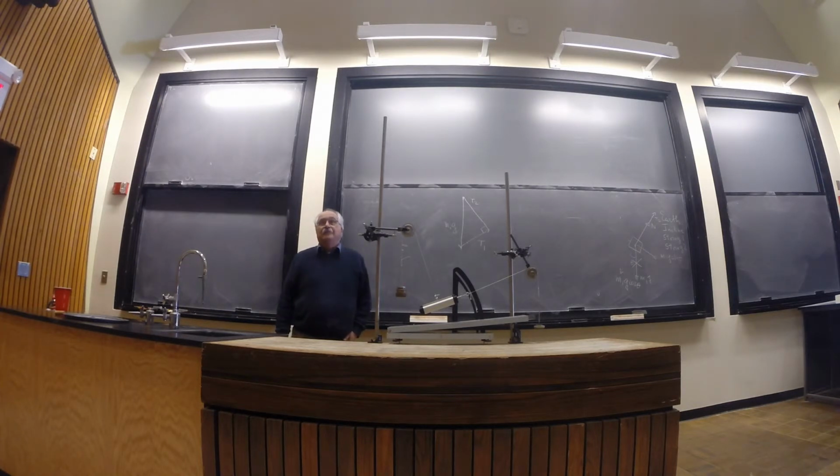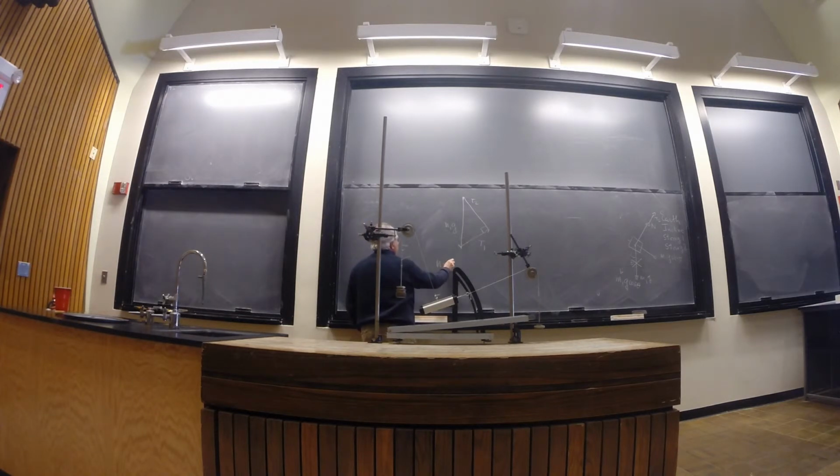A squared plus B squared. Not 3,500, maybe 3,000. It's called the Pythagorean theorem. M1g is equal to the square root of T1 squared plus T2 squared.